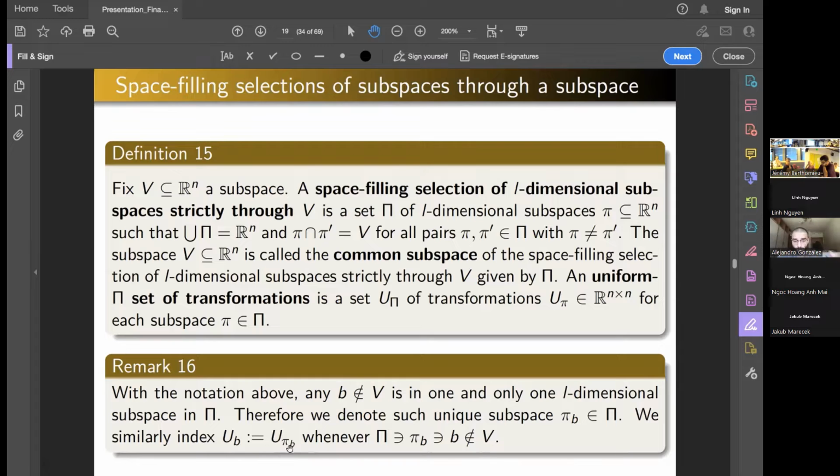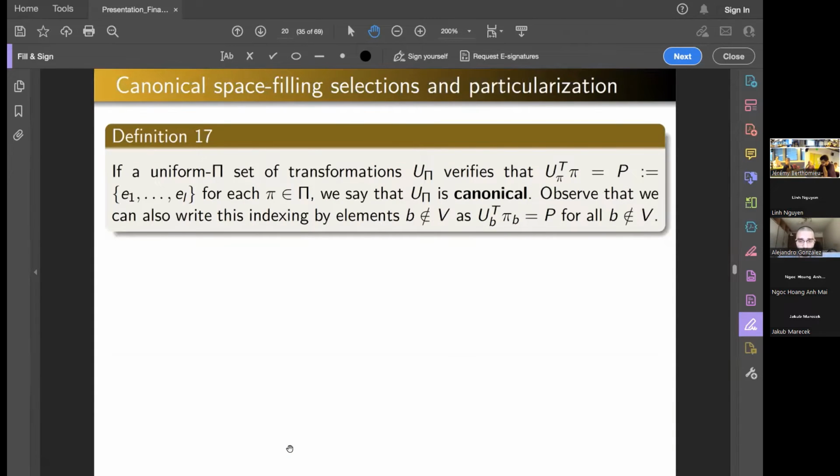So this is going to index the transformation. We are going to call this set of transformations canonical when each matrix indexed by the plane in which it acts sends this plane to the canonical plane, the plane spanned by the first canonical vectors.